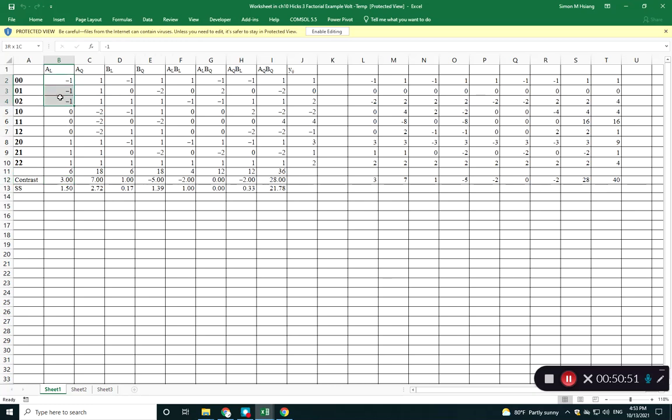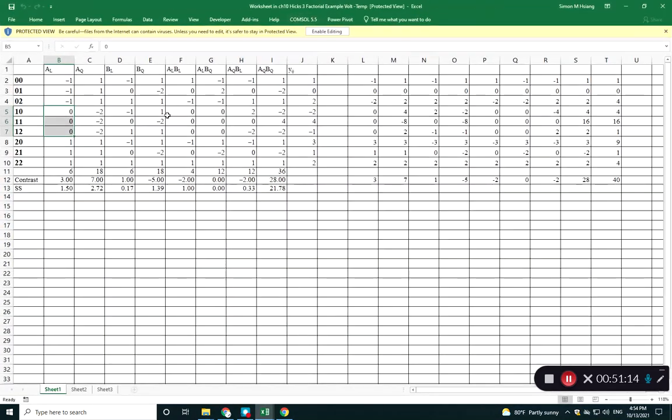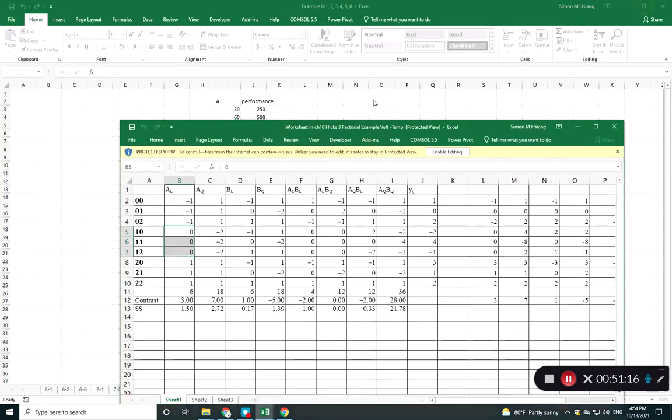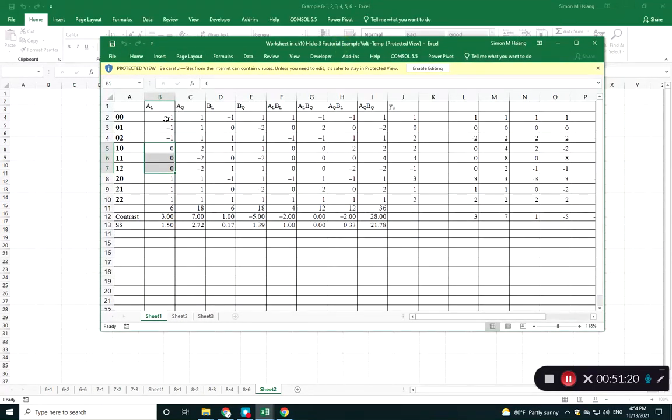First, low level, medium level, and high level. Now you see why we use -1 and +1, because in the middle, I have 0, right? You're cut off on the left side. Oh, sorry.